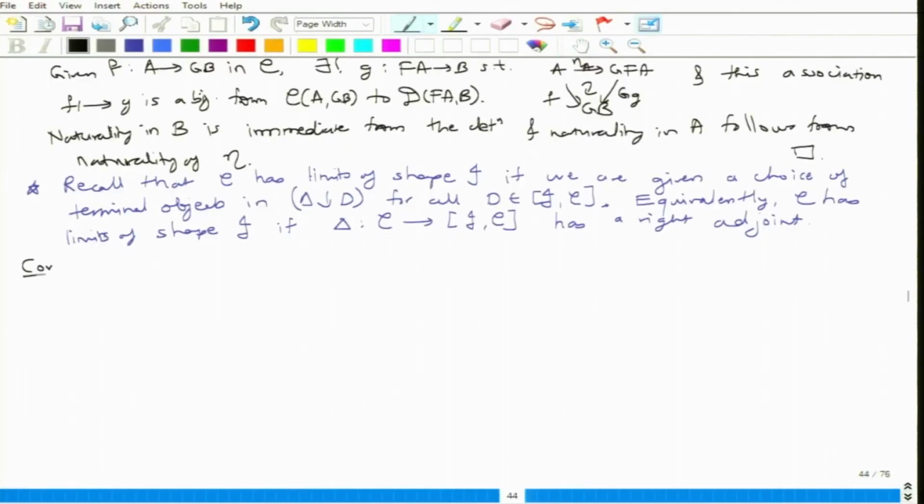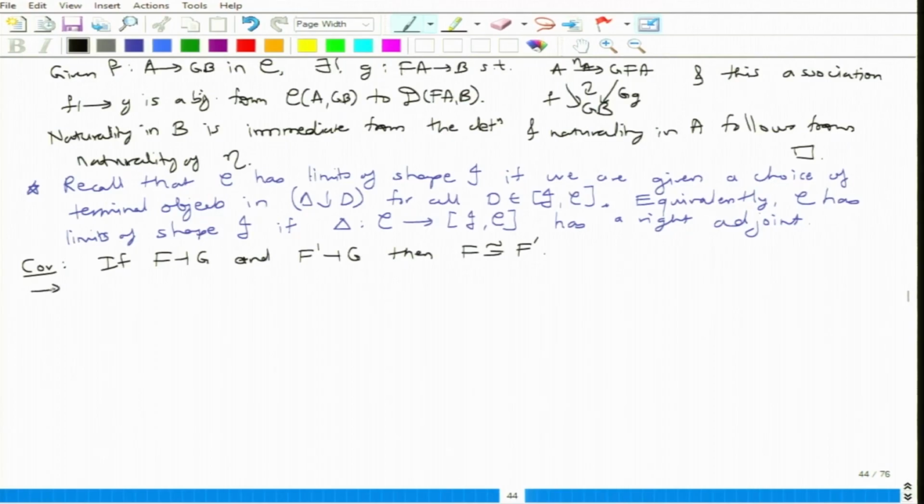And that's what will give us the next corollary. I am going to write down the corollary, that if F is a left adjoint of G and F dash is a left adjoint of G, then F is naturally isomorphic to F prime.